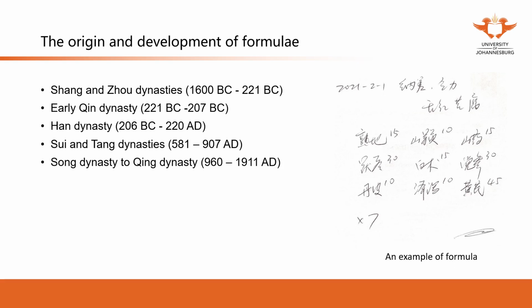In one family, if the father is sick, the son has to drink the herbal medicine for the father. That's a very old rule in Chinese society, about 3,000 years ago.